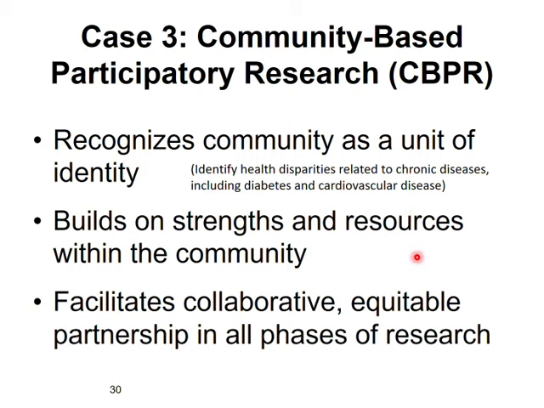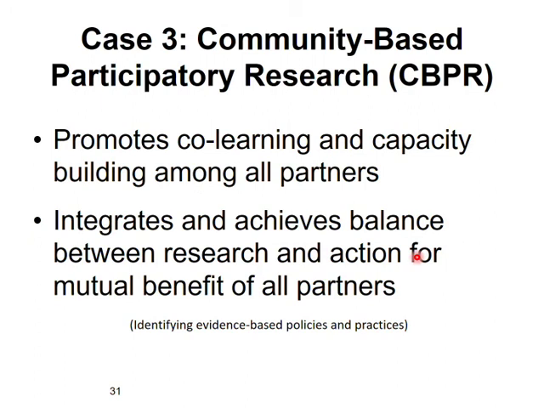Based on that, they were able to come up with the strengths and resources in their community, have certain collaborations in terms of research studies, and then gather that information.